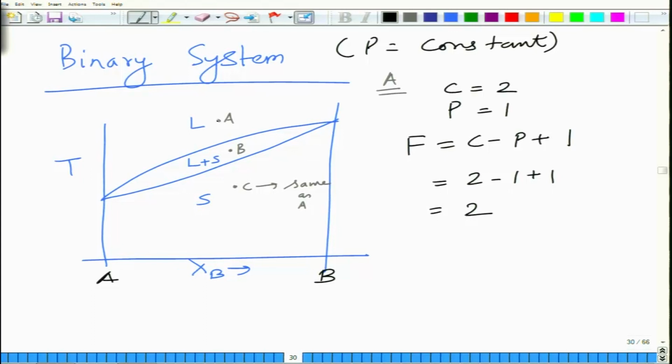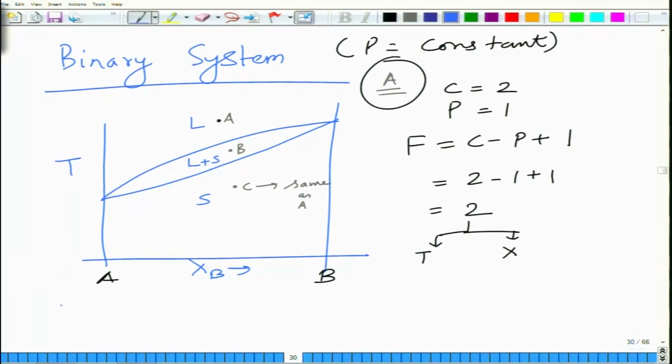So for point A, for single phase equilibrium, both temperature and composition can be varied independently, that is when the degree of freedom is equal to 2, and this basically in a binary system implies a single phase equilibrium.